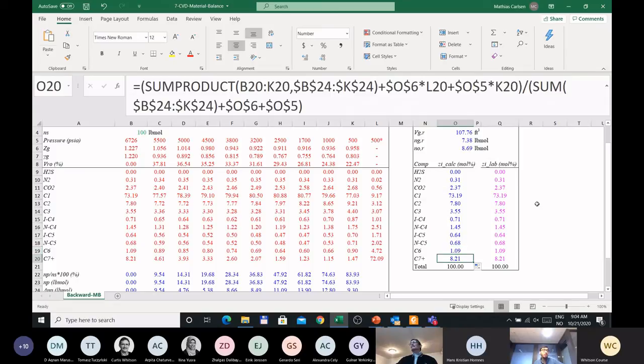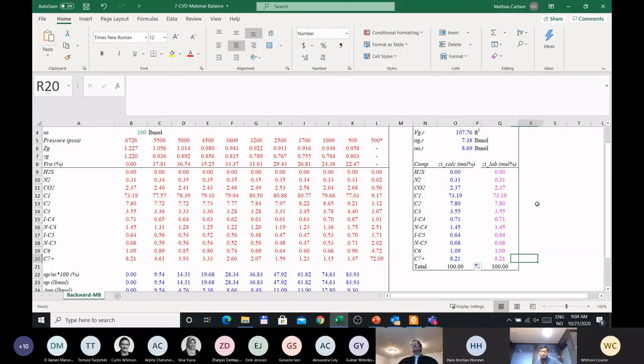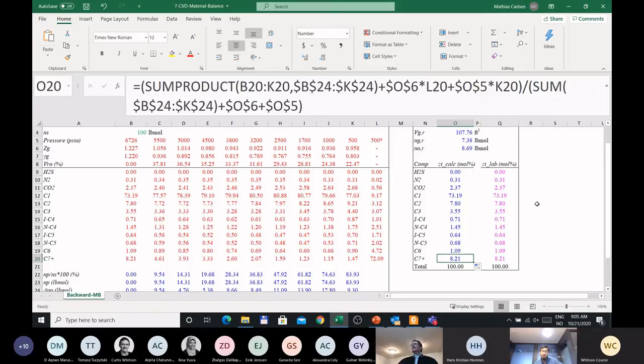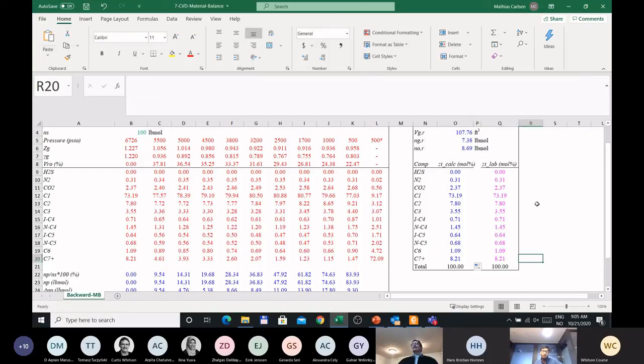But of course, it may differ from one fluid to another. If you have a very rich gas condensate and 0.5 mole% difference, versus a very lean gas condensate and 0.55 mole% difference, then the percentage error would be larger in the lean gas condensate. But generally, 0.5 mole% is very common to see.